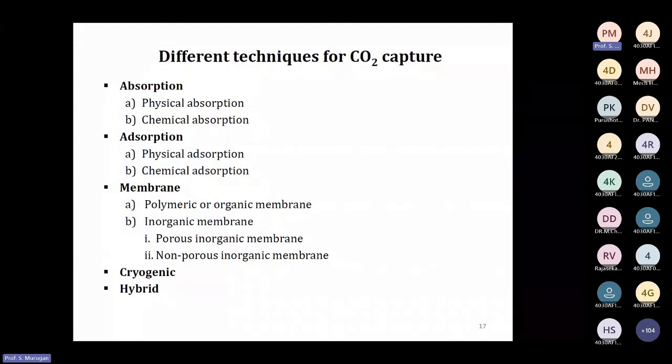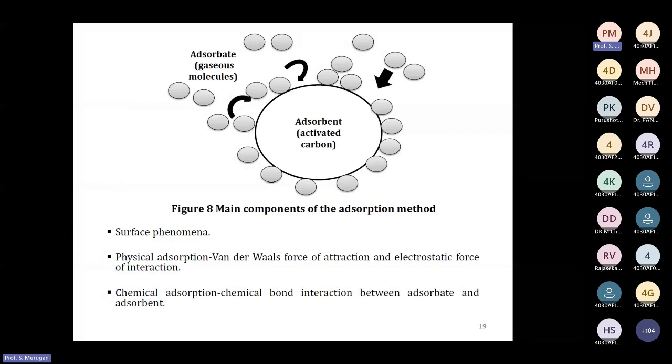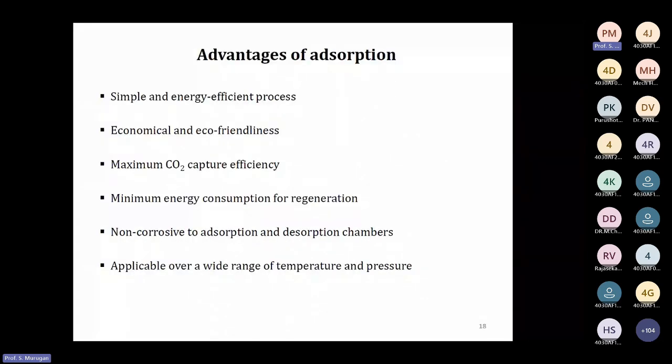If you see this absorption process, I skip that; I don't want to elaborate more. There are different advantages of this process. It is a simple, energy efficient, economical, eco-friendly process. You can get maximum CO2 capture efficiency.